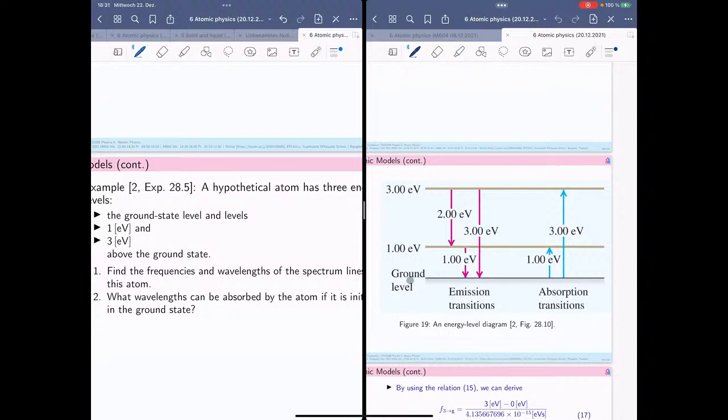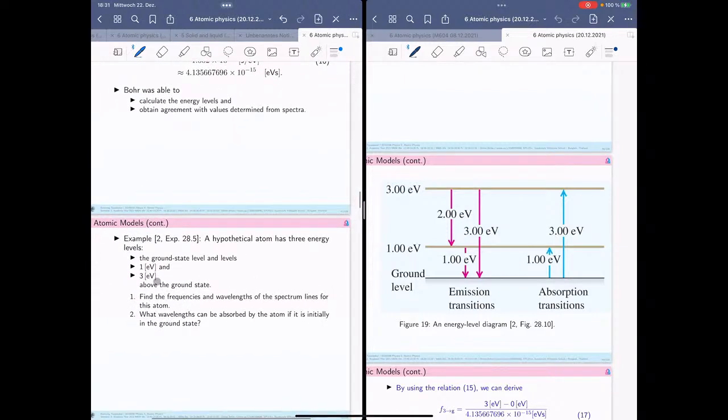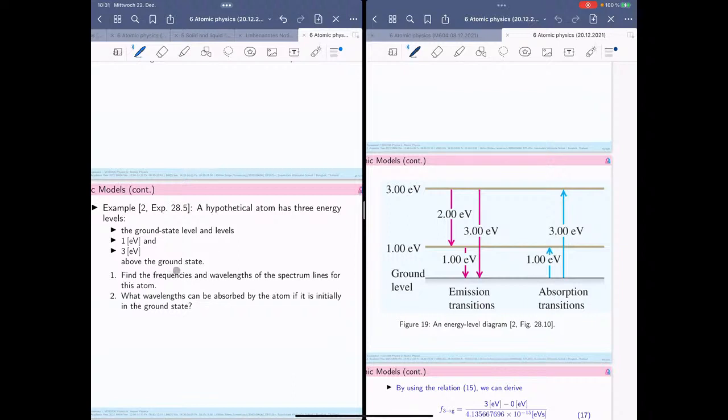The ground level, or ground state, is the lowest level, and this one is the higher one, 1 eV, and here is the third energy state level, 3 electron volts. Find the frequencies and wavelengths of the spectrum lines for this atom. And what wavelengths can be absorbed by an atom if it is initially in the ground state?